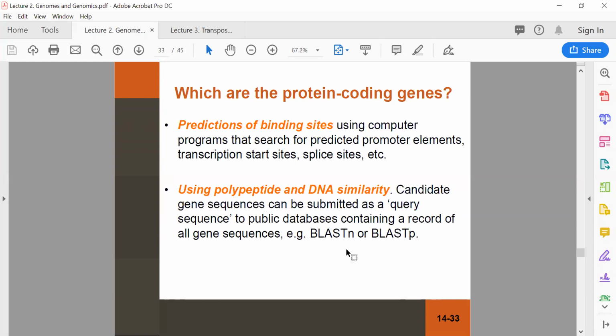Here are a couple of examples of the programs within those databases that are used, BLASTN or BLASTP.